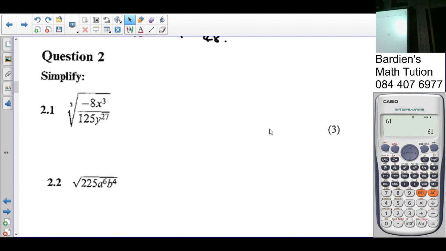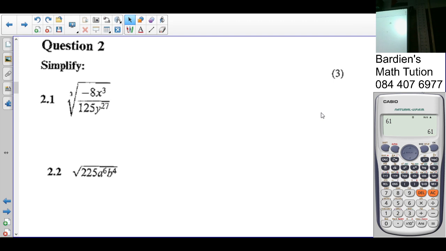In question 2 we are told, for 3 marks, simplify. So is there anything that needs to be simplified inside that bracket first? No. So what we do, we say what's the cube root of negative 8? Negative 2. 3 divided by 3, which is 1.